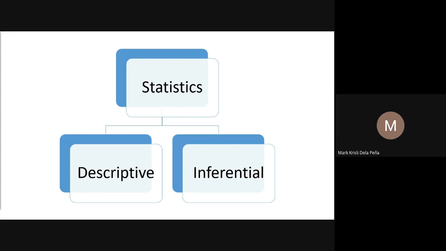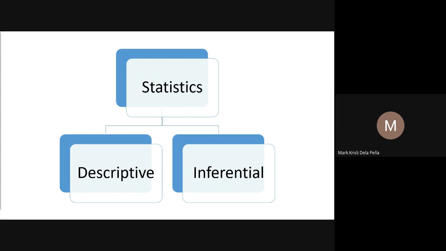Okay. If we want to generalize about a population, say for example, in Region 10, who is the bet of Region 10 for the presidential position, then of course we cannot interview all of the people in Region 10, so we get a number of respondents, which we call a sample, to represent the totality or the population.